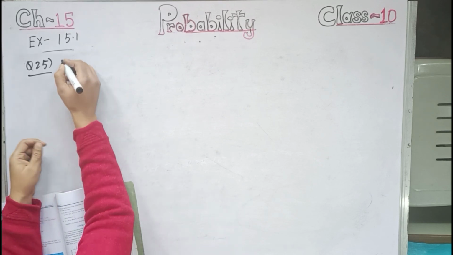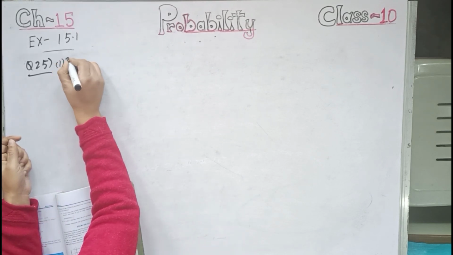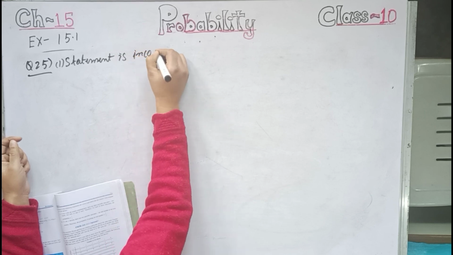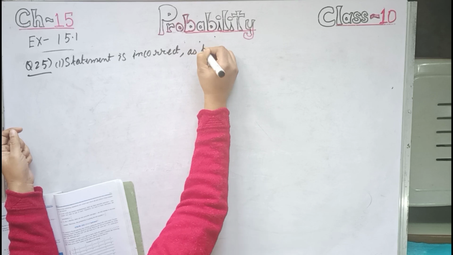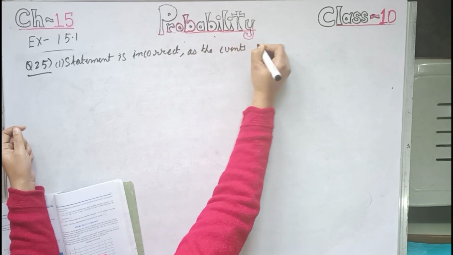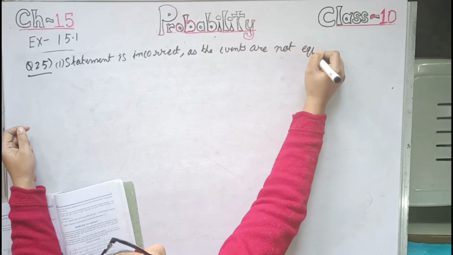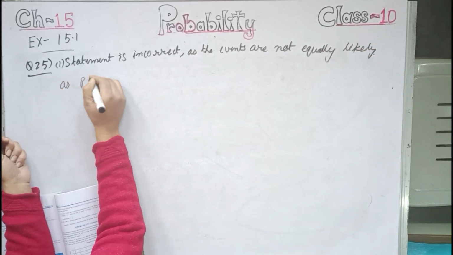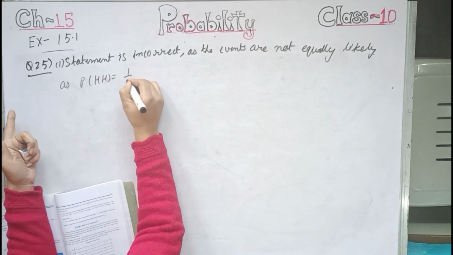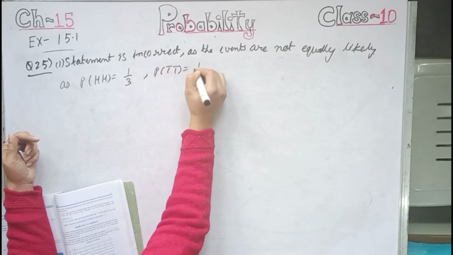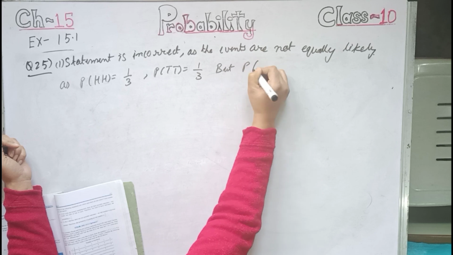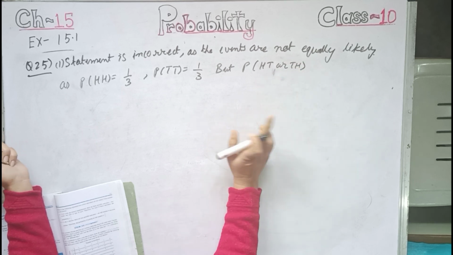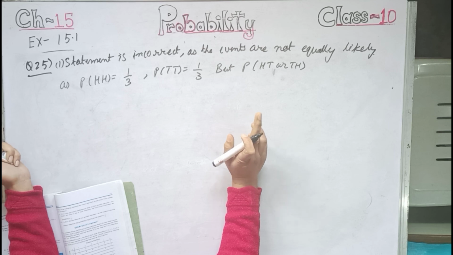No, this statement is not correct. Number 1 statement is incorrect, as the events are not equally likely, as P(HH) is 1 by 3, P(TT) is 1 by 3, but P(HT or TH), because it says two heads, two tails, or one of each.